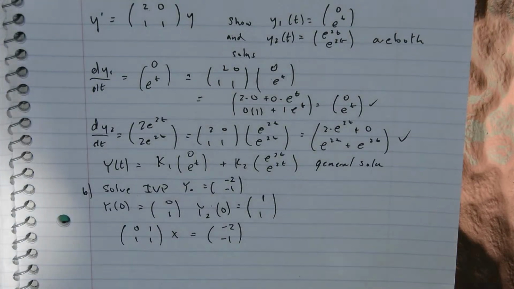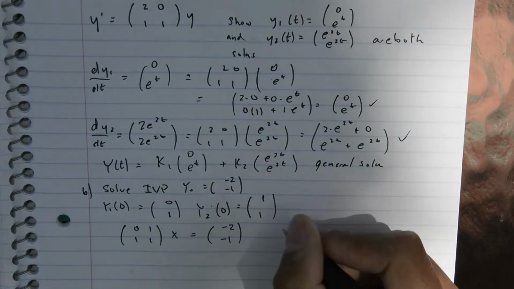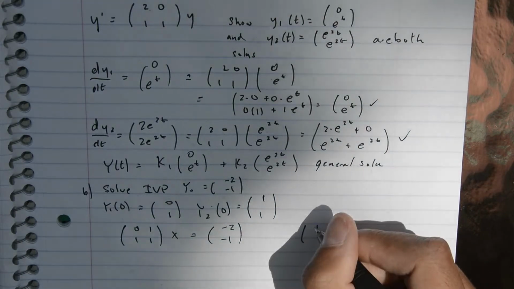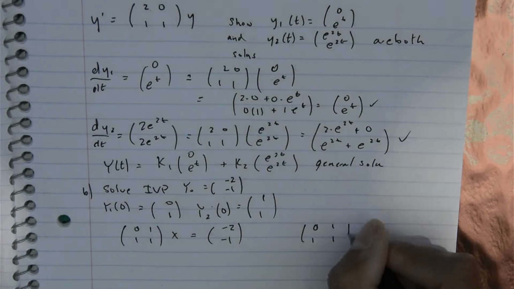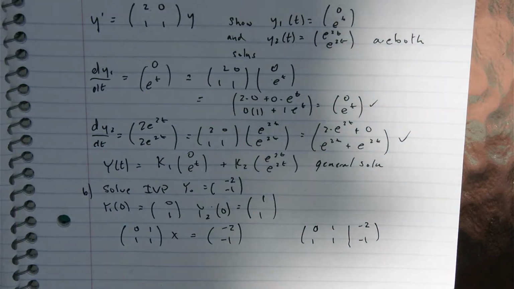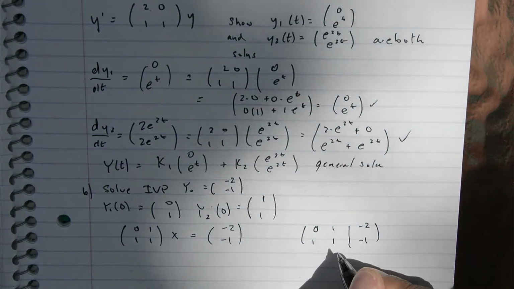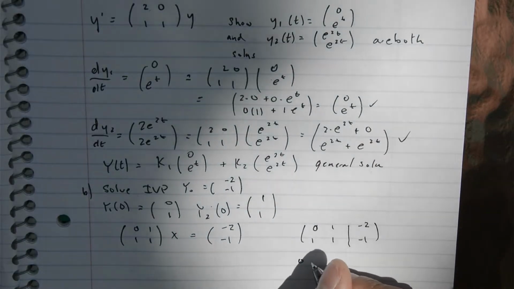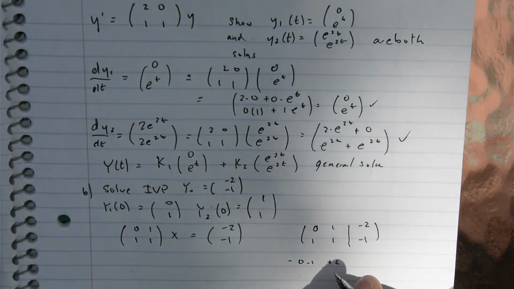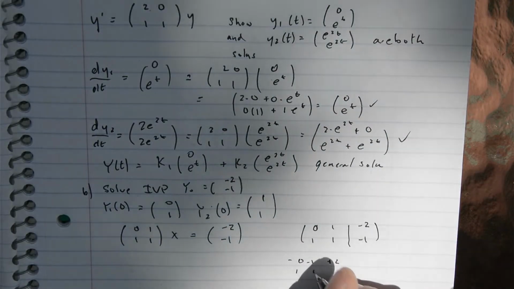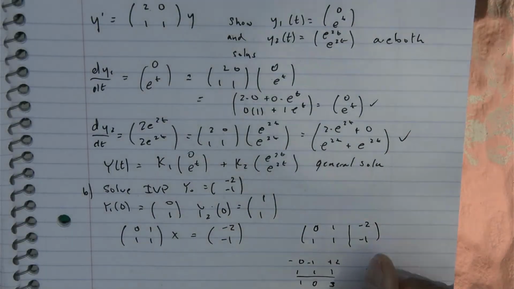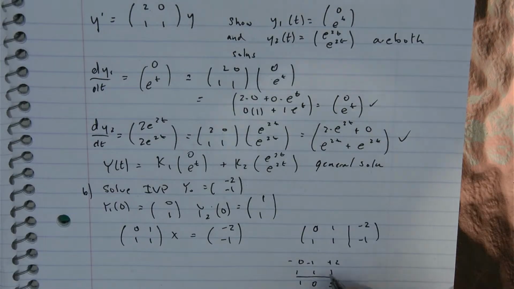So the augmented system is, we can rewrite this as 1, or no, wait, we can't. Wait, this is minus 1.